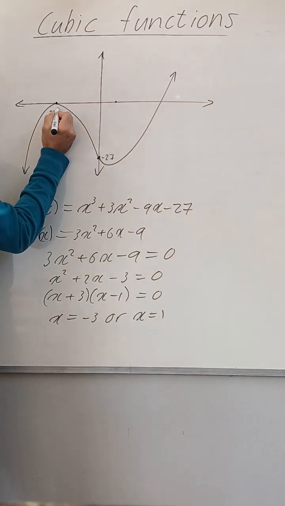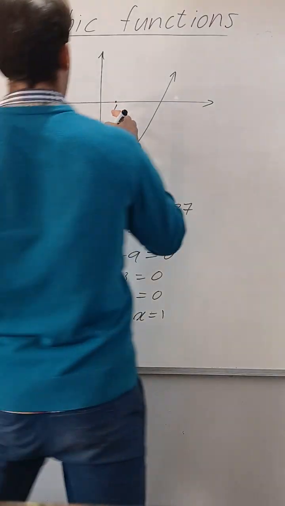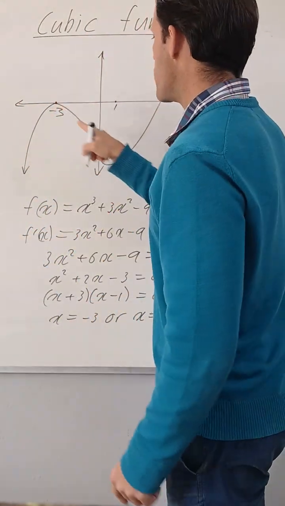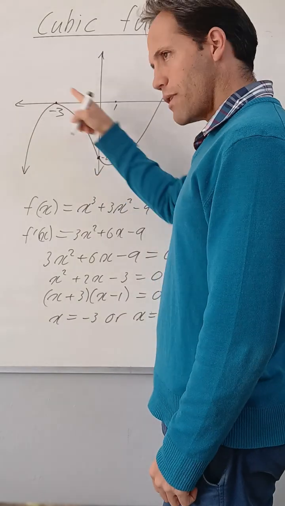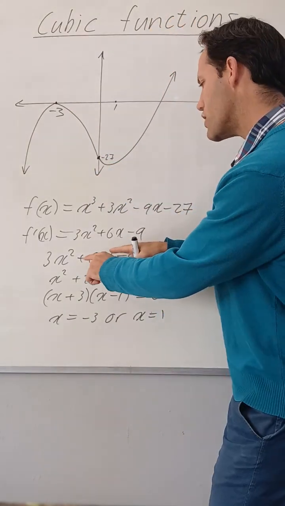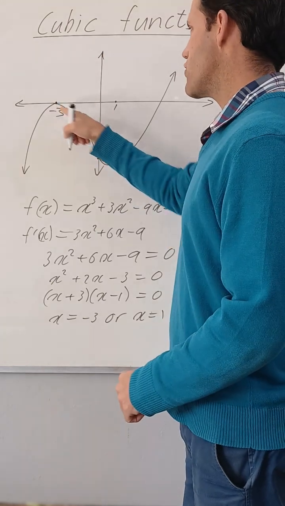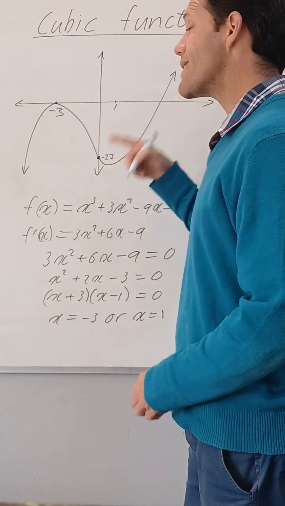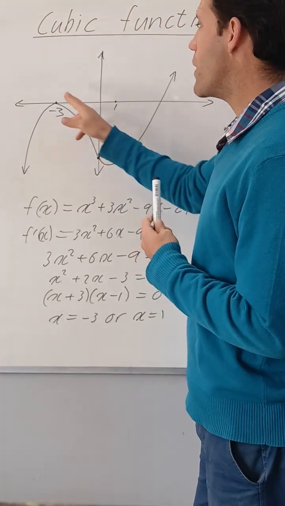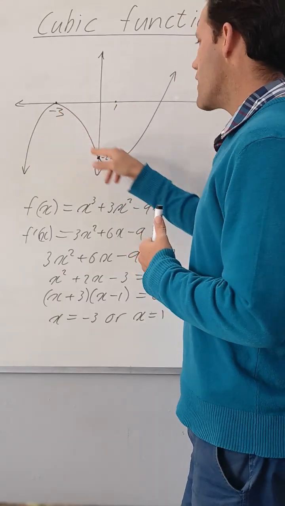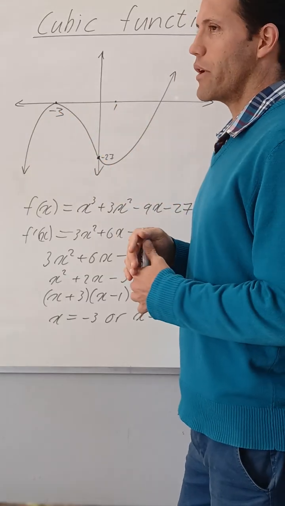But the negative 3 and 1, which are the x-intercepts for the parabola, are also the turning points for the cubic function. Because remember, when you put the derivative equal to 0, you find your stationary points. Okay, so that's something to keep in mind. A parabola's x-intercepts are the same as the cubic function's turning points.